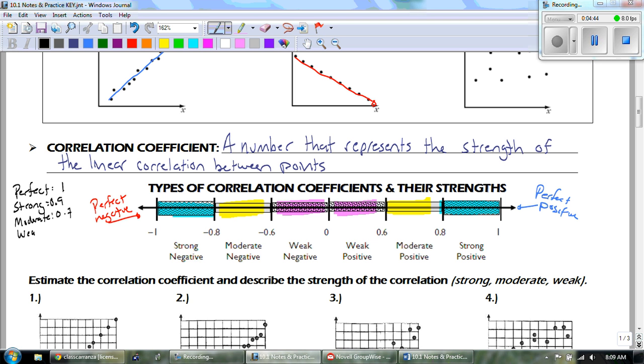We would say weak is about 0.3, once again, plus or minus, depending on if it's a positive or a negative slope. And then no correlation, we would just say that that is 0. Okay? So if you want to write this down to kind of help you remember, there's two ways to look at it right there. All right. Once again, pause the video if you need to write that down.